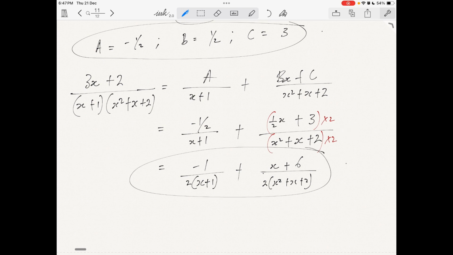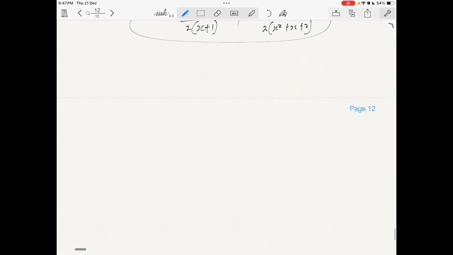Okay, so quickly let's pick another example on the partial fractions of non-repeated non-linear factors. So that should be number 2, I believe.